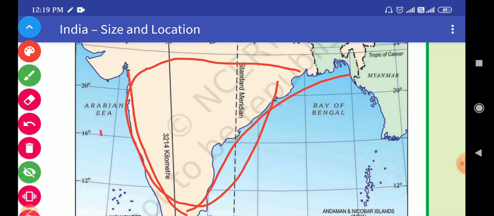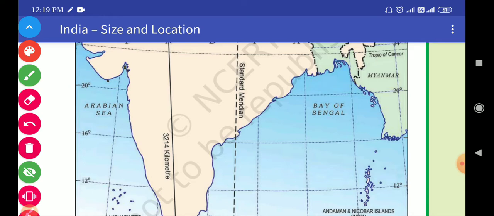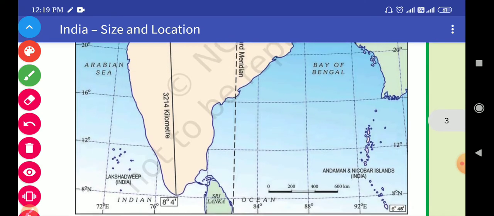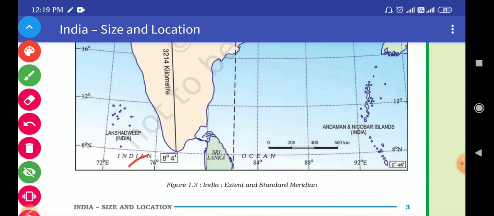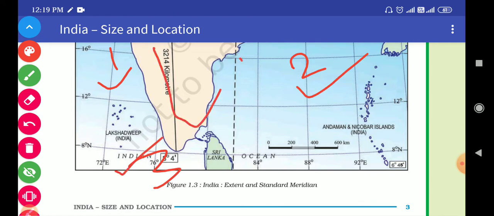This is the first side, this is the second, and finally this is the third. The first one is Arabian Sea, the second one is Bay of Bengal, and the third one is Indian Ocean. So in this way, this land is called a peninsula.